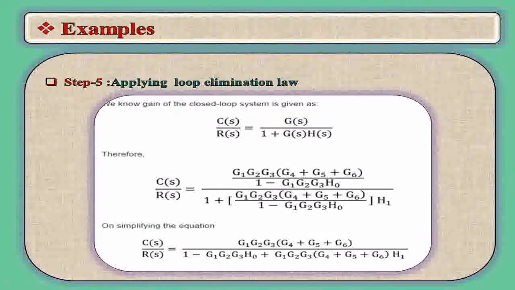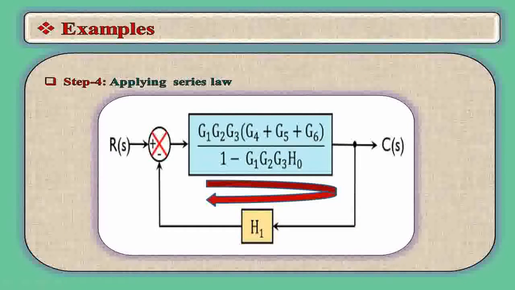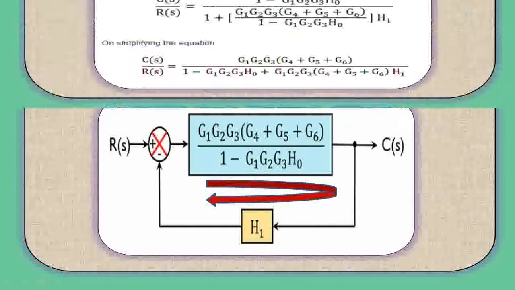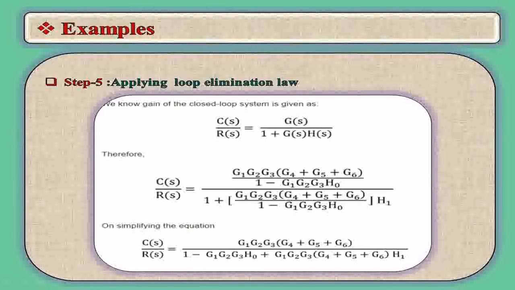We know the gain of closed loop system is given by C(s) divided by R(s) is equal to G(s) divided by 1 plus G(s) into H(s), where here we use the positive sign because the negative feedback system is present.